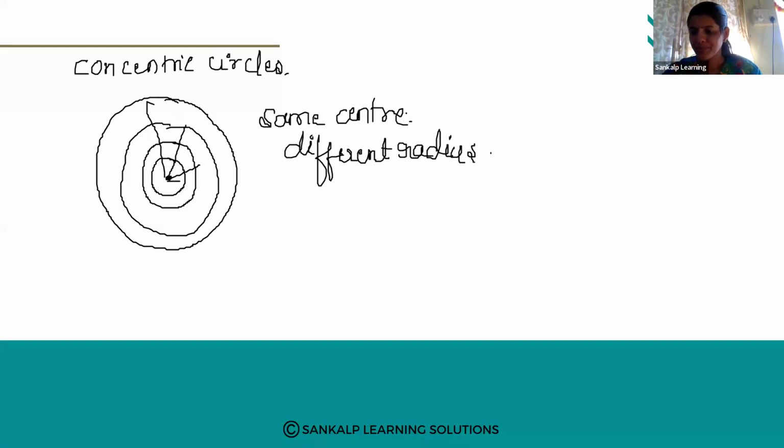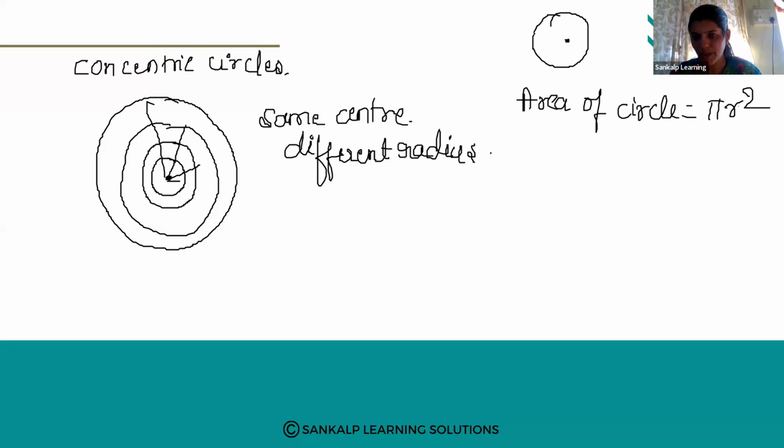So next comes, see, the area of a circle is pi r square, right? Then what is the area of a semicircle? This full circle area is pi r square.